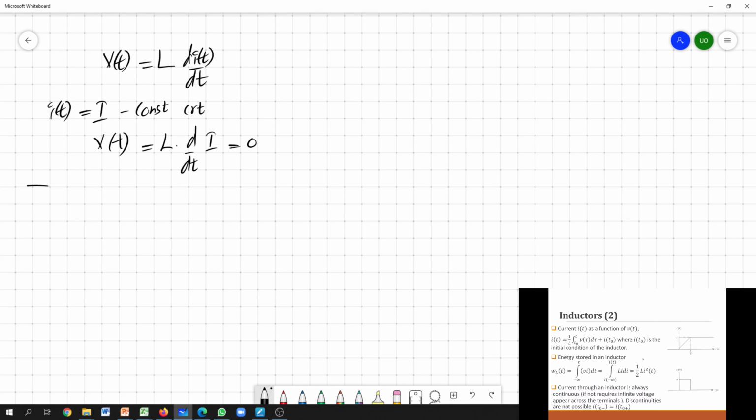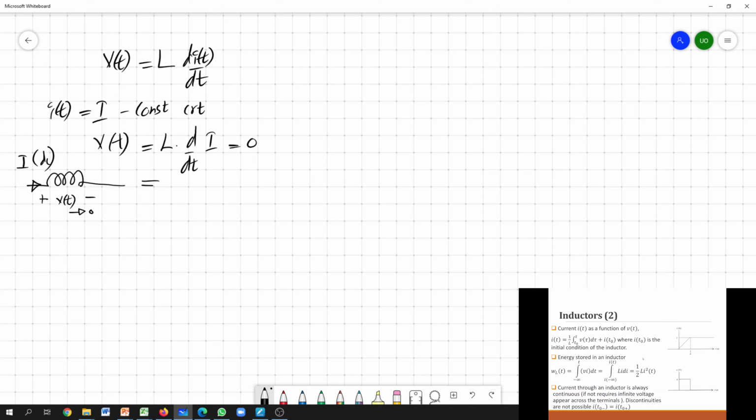So if you have an inductor here and you inject a constant current or DC current, there won't be any voltage induced across this inductor. v of t is simply 0.